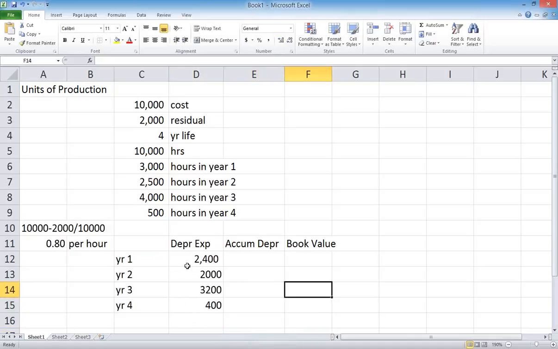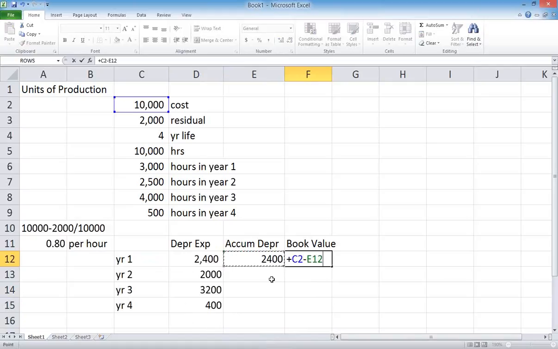Okay? And then to get my accumulated depreciation for my first year, it's just that amount. This is the first year's depreciation amount. My book value is actually my cost minus my 2,400, or my 10,000 minus my 2,400.